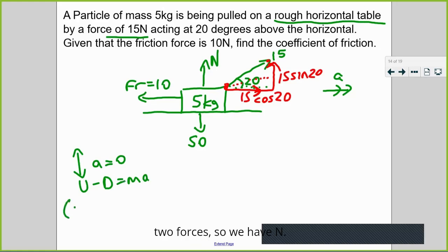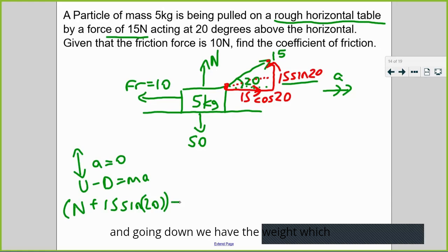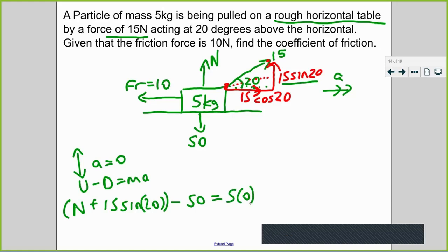So we have N, and we also have this force going up. And going down, we have the weight, which is 50. And m is 5, acceleration is 0. Okay, now let's try finding N.